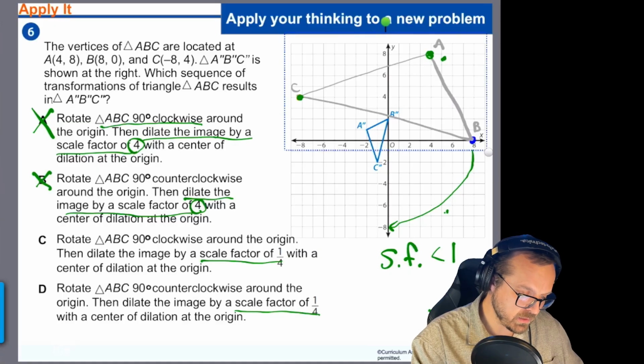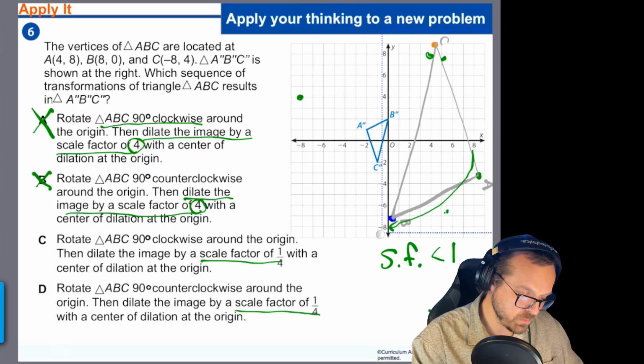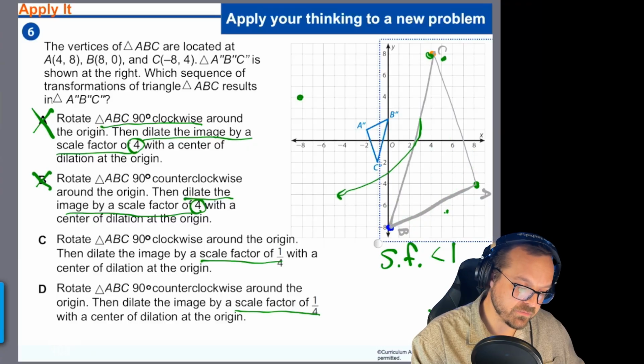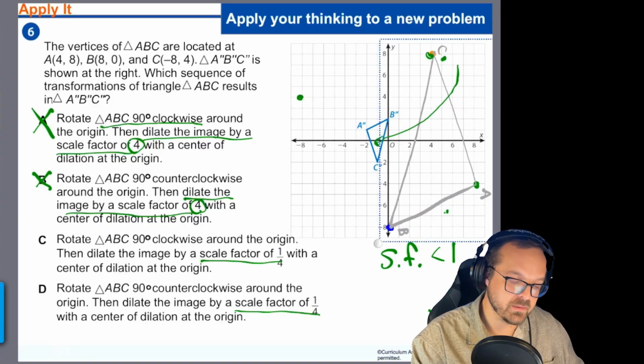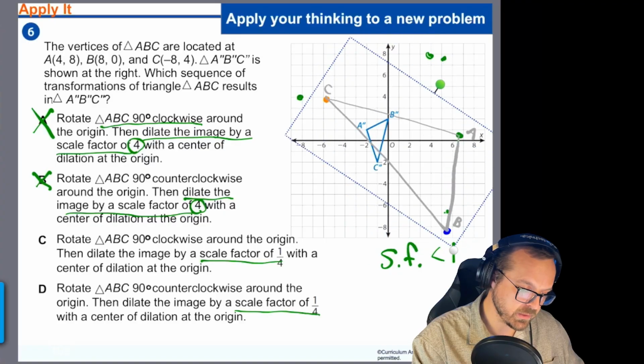If I rotate that 90 degrees and place B where it's supposed to be, this is not going to dilate to where A double prime, B double prime, C double prime is. I can make this smaller by dilating it, but I won't be able to get this to fit on top of this triangle right here. Let me clean this up just a smidge. And let's go try the next one. We just eliminated C.